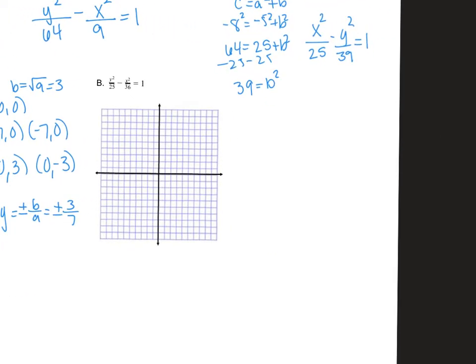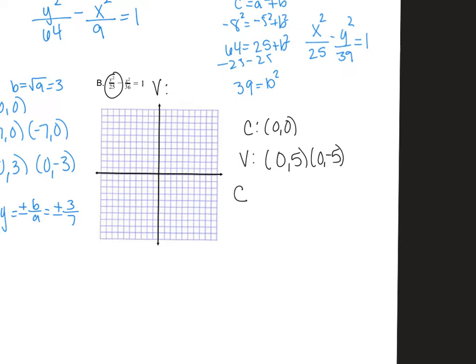So the next one's definitely going to be vertical, and how we know that is because the y squared comes first. So my center is still at 0, 0. My vertices here are going to be at 0, a, so 0, comma 5, and 0, negative 5.